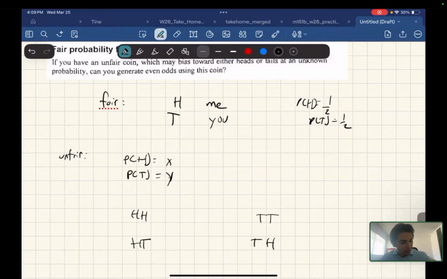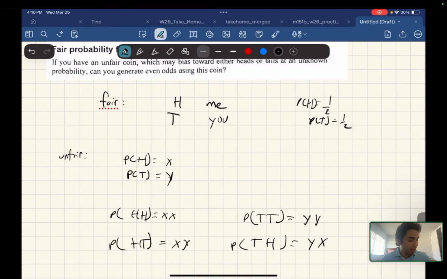The probability of heads, heads is X times X. The probability of tails, tails is Y times Y. The probability of heads, tails is X times Y. And the probability of tails, heads is Y times X.